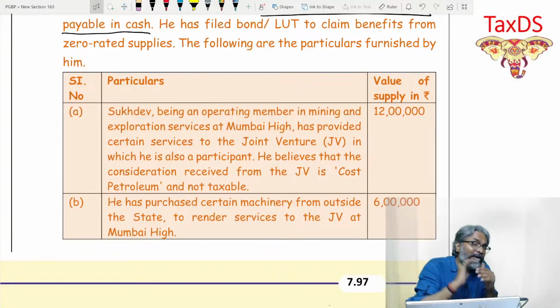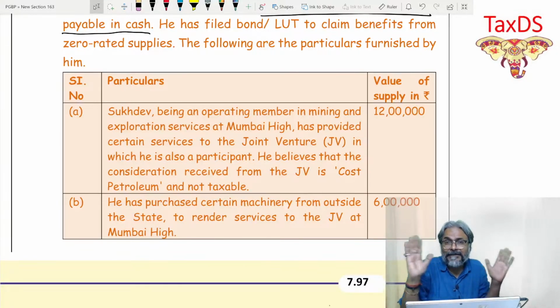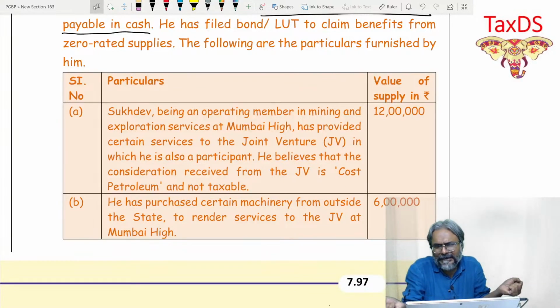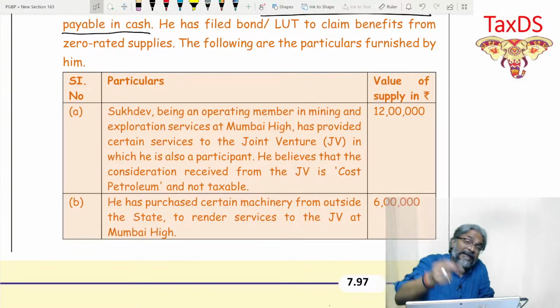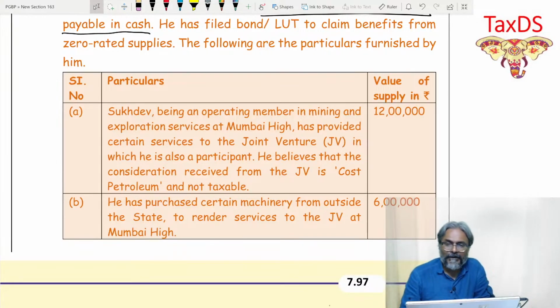So sharing that part of the petroleum split with the government is not consideration for your supply. In fact, there was no supply in the first place, and that is why we discussed in the chapter of supply that this will not attract any chargeability.